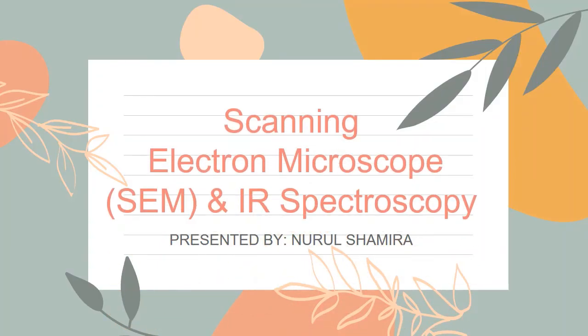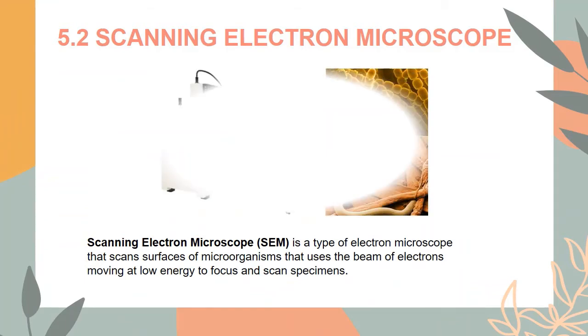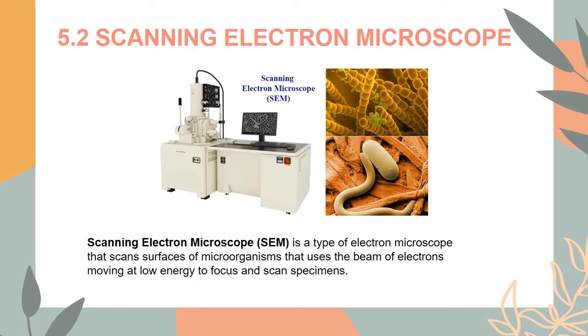I will present about scanning electron microscope and infrared spectroscopy. Okay, what is scanning electron microscope? Scanning electron microscope is one type of electron microscope that uses beams of electrons to scan the surface of microorganisms.